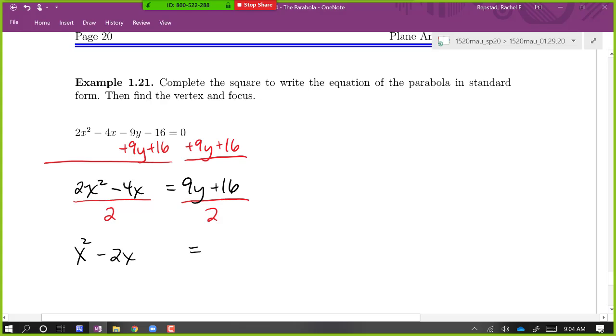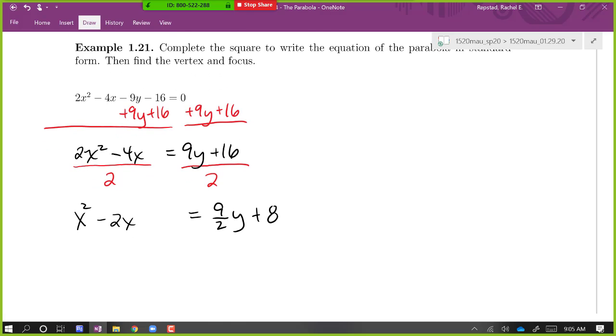I'm going to leave space now so I can complete the square next. And then we have 9 halves y plus 8. To complete the square, what's our next move? Yeah.